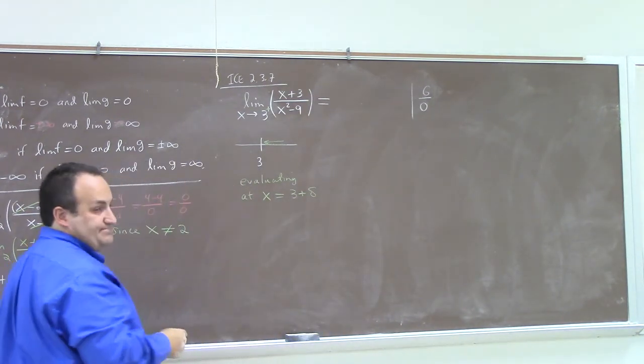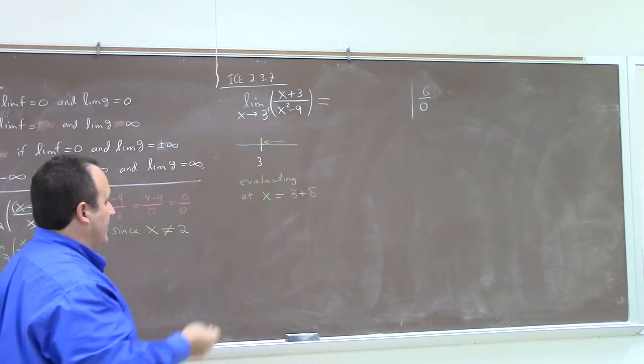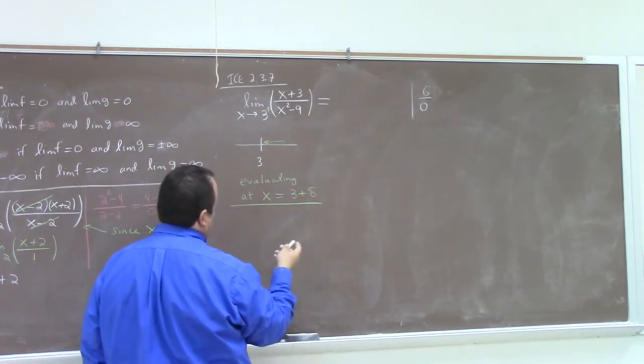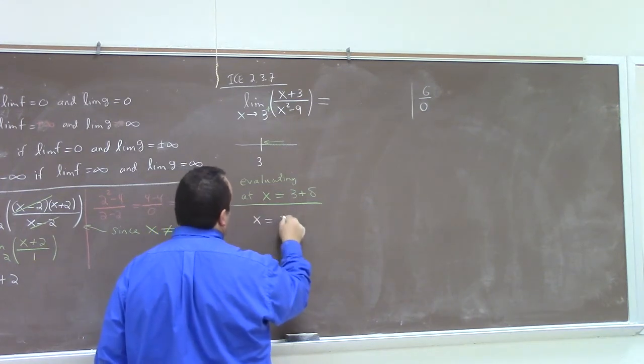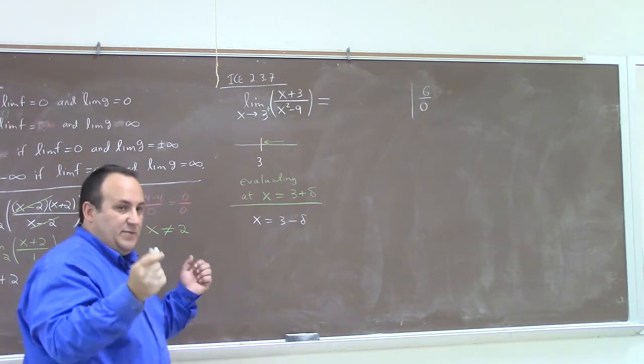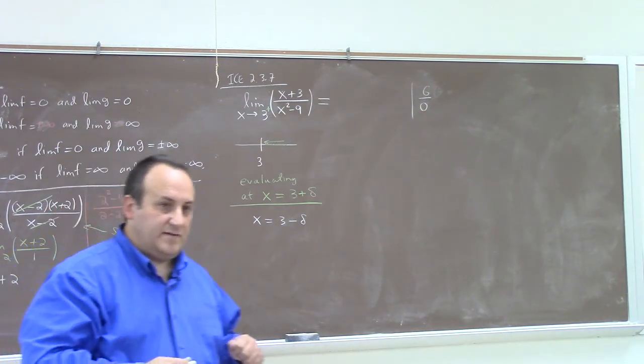And 3 minus is the other way, like 2.99. There you'd have x equals 3 minus delta, where delta is a little positive quantity. You can think about plugging that in and seeing how it all works out.